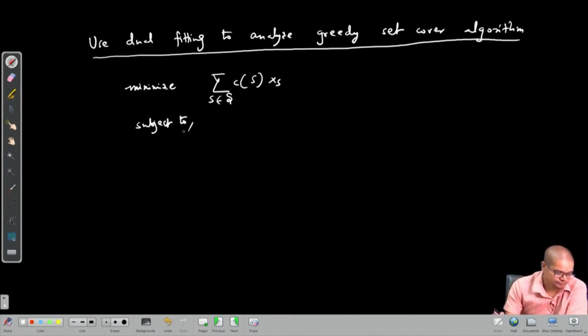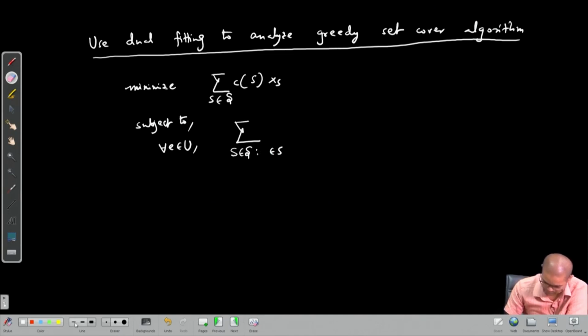That means, for all elements E in U, among all the sets S in which E belongs, at least one of them should be picked.